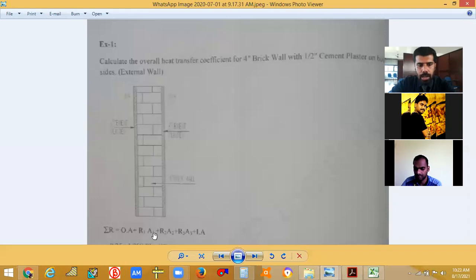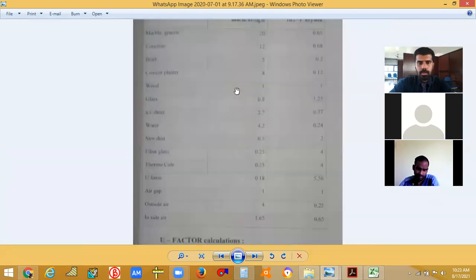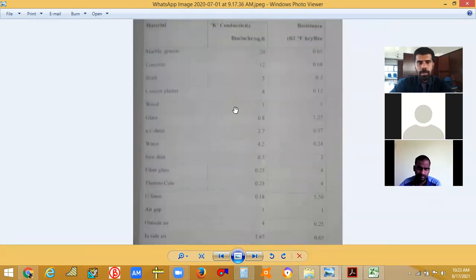Outside air plus R1A1 plus R2A2 plus R3A3 plus IA. So R1 means the resistance, A1 means the thickness. Okay. So by the help of this tabular column, would you be able to answer that? Just see. And let me know the answer. Okay.